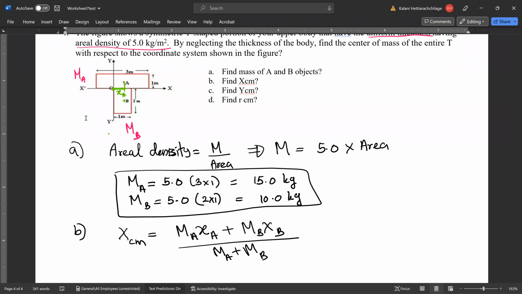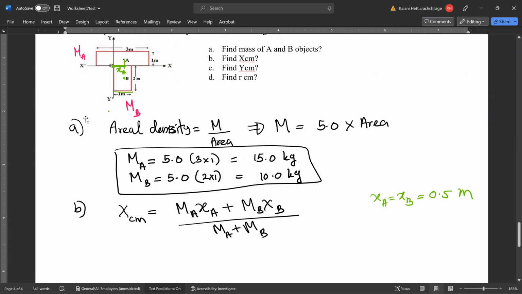That means XA and XB are the same, but how much is that? You see that here, this distance is 1 meter and B is sitting in the middle. That means XA and XB both will be equal to 0.5 meters.